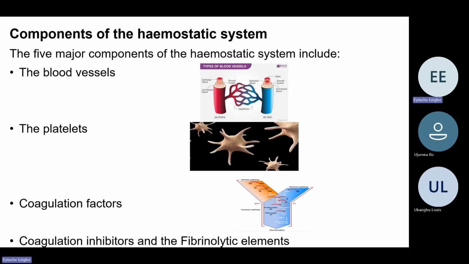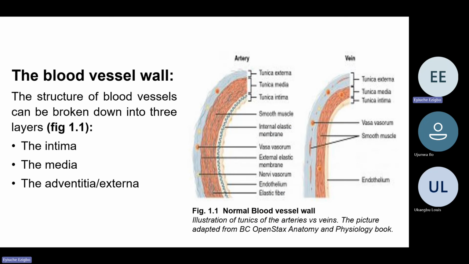These are the components that participate in the hemostatic system of the body. So let's look at the blood vessel wall as part of the components of the hemostatic system.